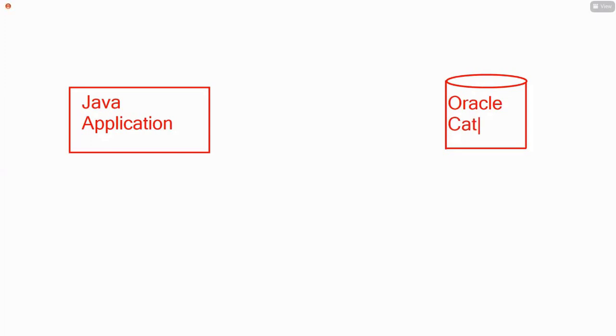Now, this Java application and Oracle database, I'll connect with a type 4 JDBC driver. After connecting, I'll pass one query, that is, an SQL request. I'll pass a create table query for creating a table. Then the table is created. Suppose, for example, a student table.